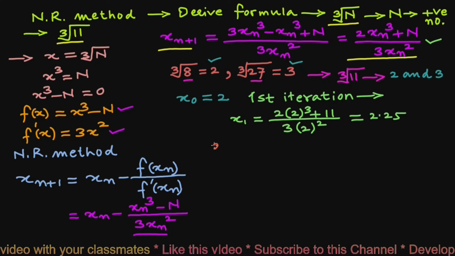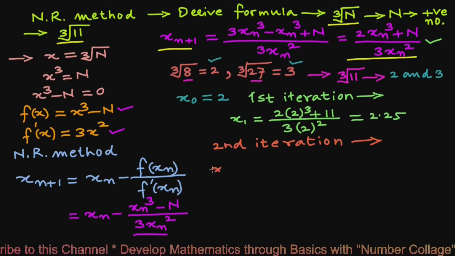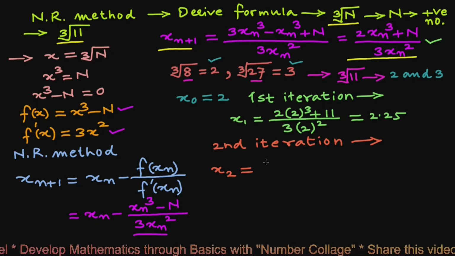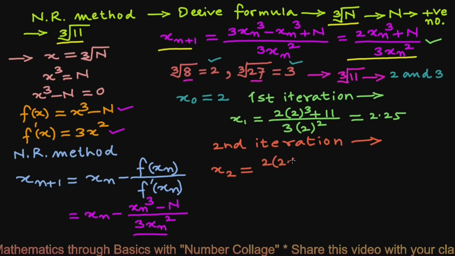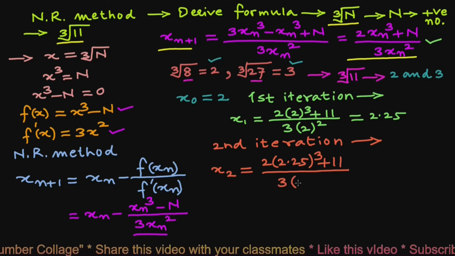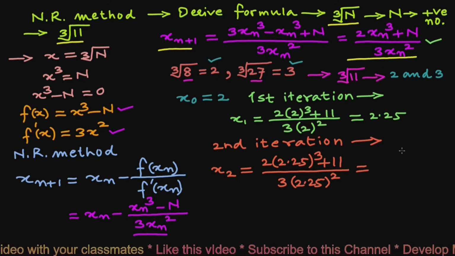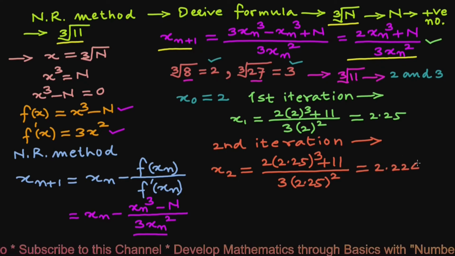In the second iteration we calculate the second approximate root x2, which will be 2 multiplied by 2.25 cube plus 11 upon 3 into 2.25 square. That works out to be 2.2243.